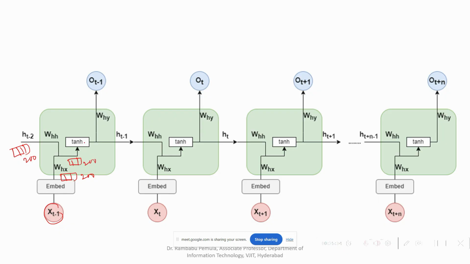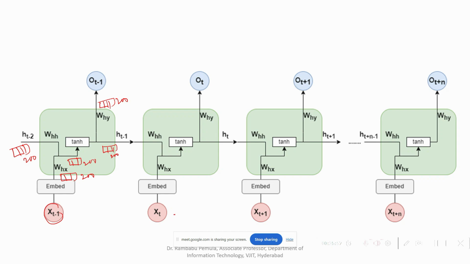That is given to tanh, which converts the values into the -1 to +1 range, and we get a 200-length word only. That is carried forward to the next layer as input, and we also get a 200-length output. Like that we get the output in all the cases, and the same thing is carried forward to the next layer.